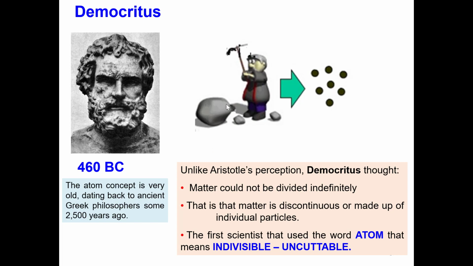For example, if you have a piece of rock, you can divide it into smaller pieces, but at some point you cannot divide it anymore, and that smallest particle is what he called the atom. He also proposed that matter is discontinuous, or made up of individual particles.